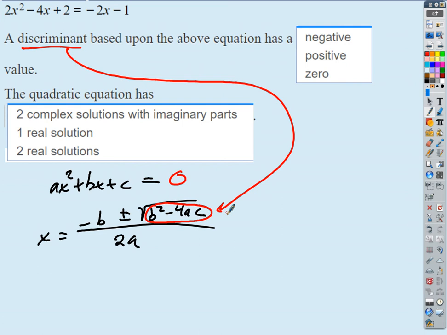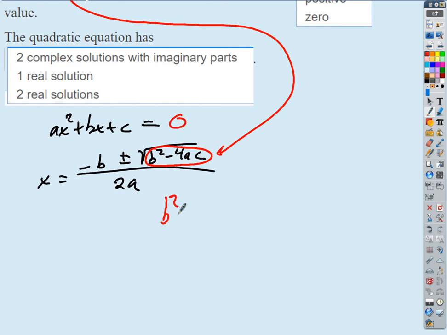That's the crucial part because that's the part that determines if we get i's or not. Right? We get i's if we have a negative number under the radical. So we know that if the discriminant is less than 0, then what's that tell us? We get a negative discriminant. What do we know we're going to get? Yeah, good. We're going to get 2 imaginary solutions.